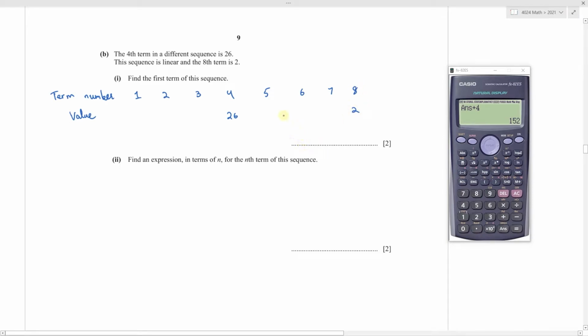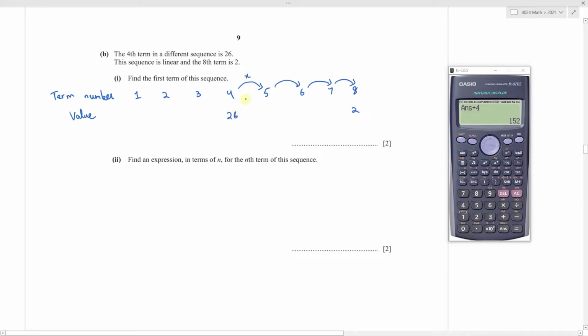Eighth term is 2. So that means it's a decreasing sequence because your values are going down, and here you have eighth value 2, fourth value 26. And you're given that the sequence is linear. That means there is a constant difference between each value. Let's call this difference x.